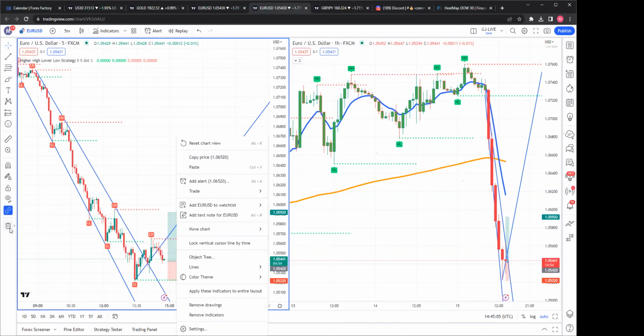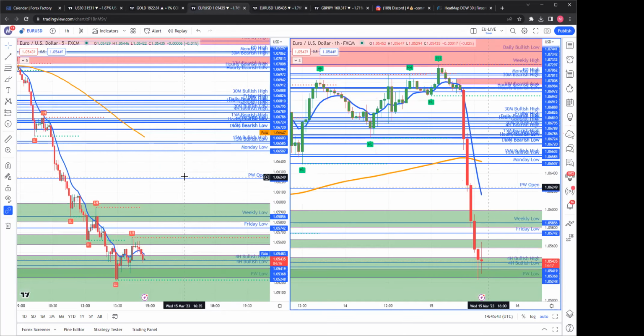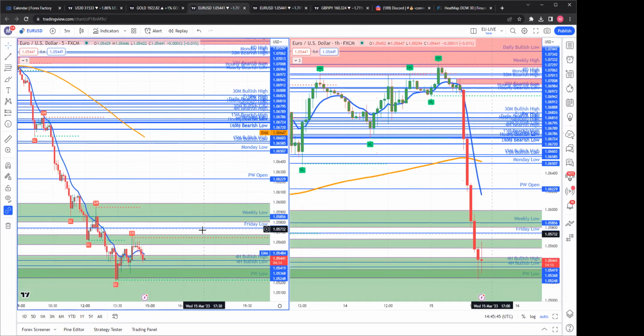So the bullish right now, right here, I can see. Normally the order blocks for me, if it's an uptrend, I'm looking at the last bearish candle before an uptrend. Because we have a 4-hour bullish high, bullish low.